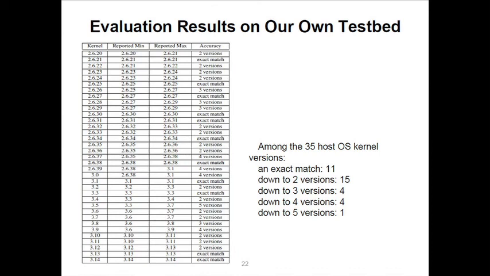On the other hand, we can verify the results in our own controlled test environment. In particular, we found 11 exact matches for all the certified versions. For 15 of them, we can narrow down to 2 versions. And the worst case is only one case in which we can narrow down to 5 versions.